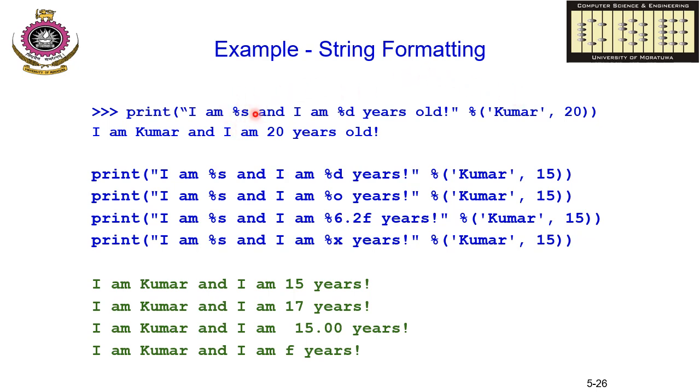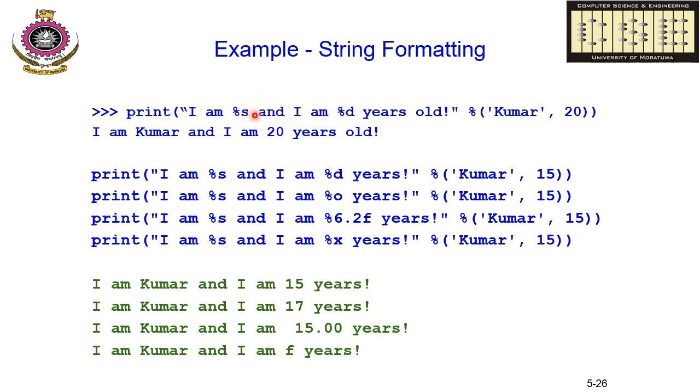For percentage s, it has to be a string, and for percentage d, it has to be a decimal value. So you can map Kumar, this is a string, to this one, and 20, number 20, to this one. When you run that line, the program will output I am Kumar and I am 20 years old. So that's how the formatting symbols work, as placeholders.